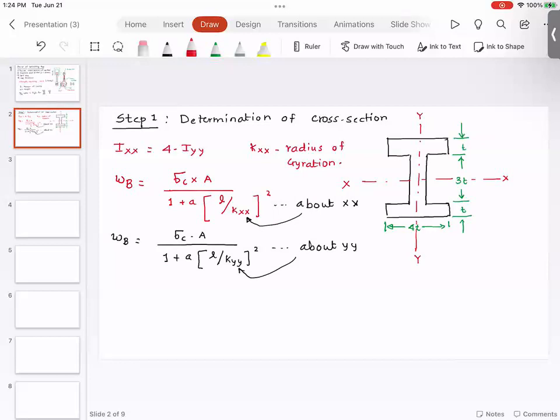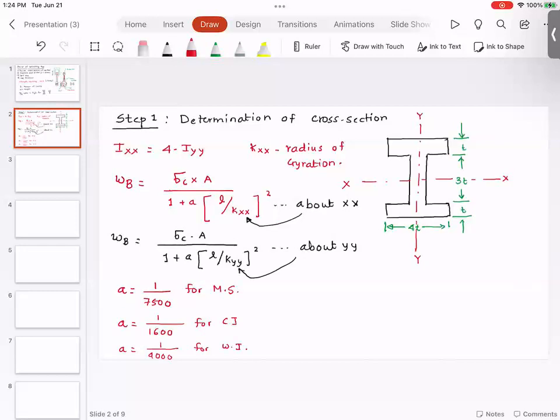And a is a material constant. So for example, a is equal to 1 divided by 7500 for mild steel, 1 divided by 1600 for cast iron, and 1 divided by 9000 for wrought iron.